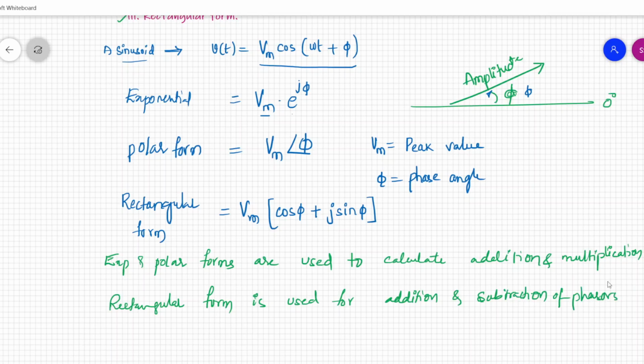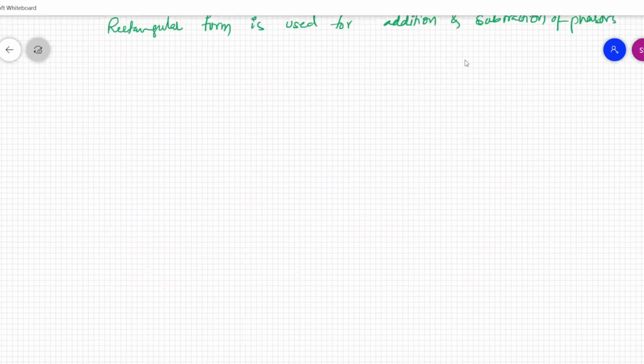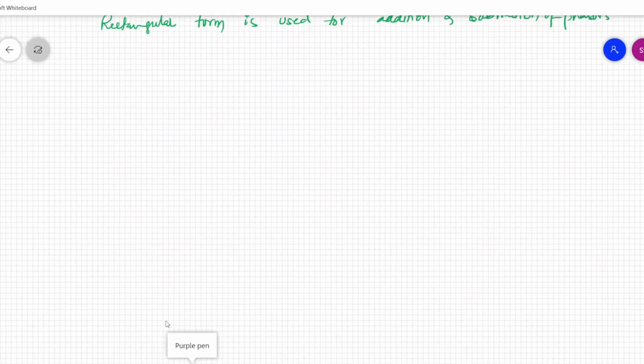Now let us take one example, that is 10 cos(2t plus 30 degrees). We need to write this in different phasor forms.